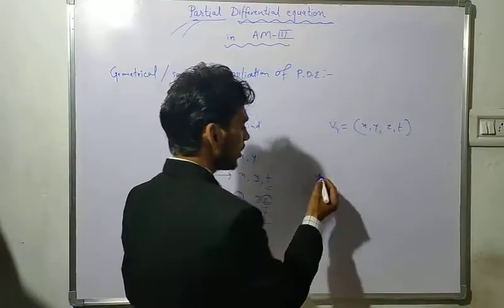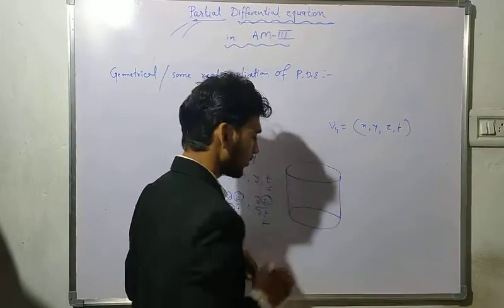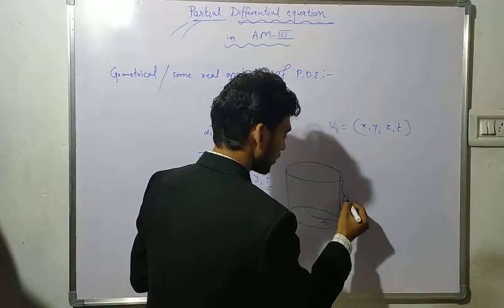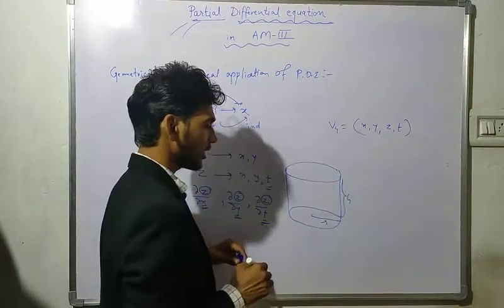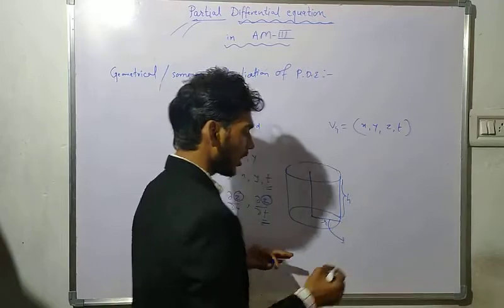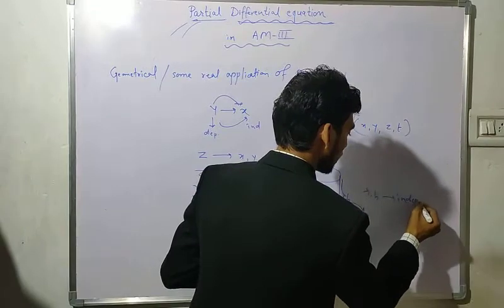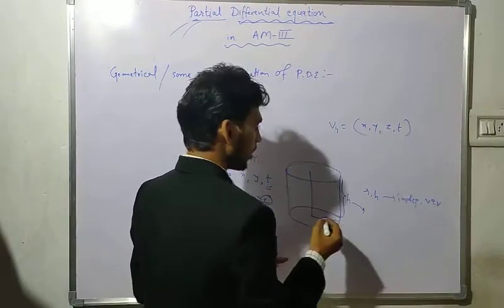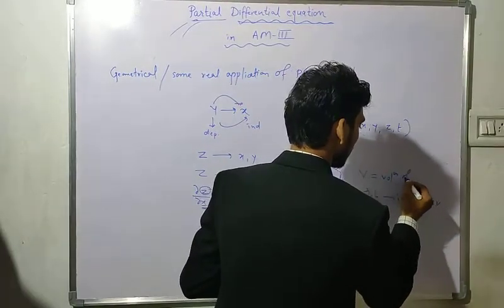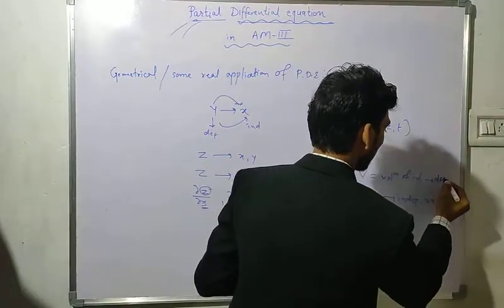For example, suppose we consider a cylinder, a cylindrical shape, and here this is the radius, this is the height. So here radius r and height h, r comma h, are independent variables, and we will consider a new function v, the volume of the cylinder, which is the dependent variable.